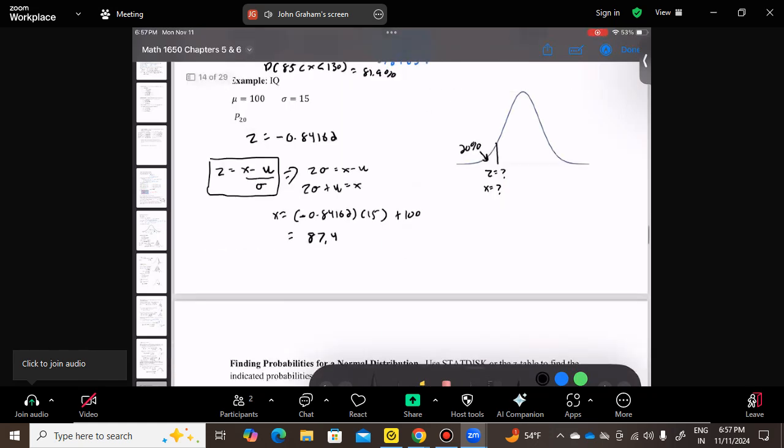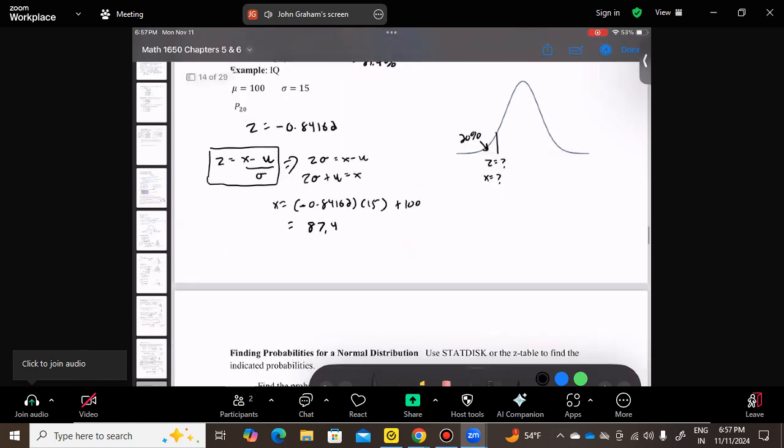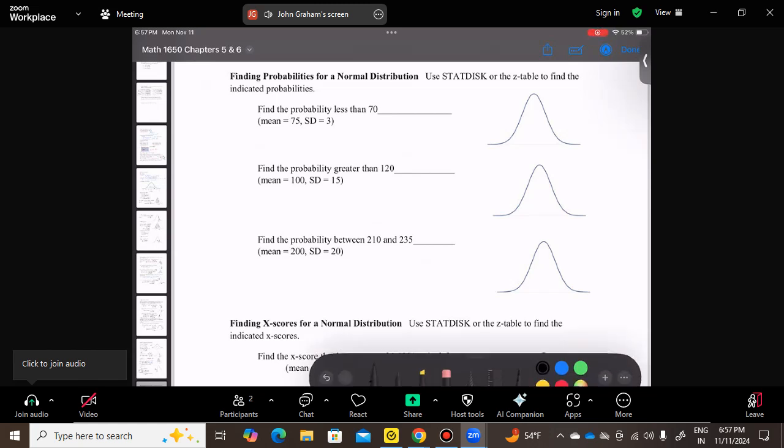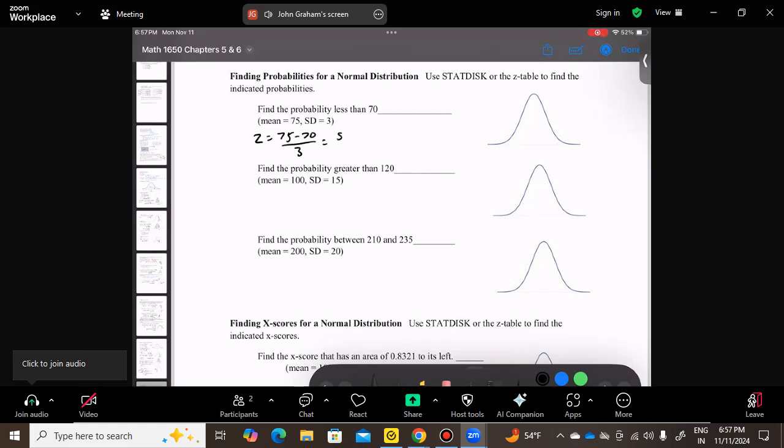Alright, let's do some more. Find the probability less than 70. This is for x being less than 70, and the mean is 75 and the standard deviation is 3. So again, first we find the z-score. 75 minus 70 over 3 is 5 over 3, which is about 1.6667.